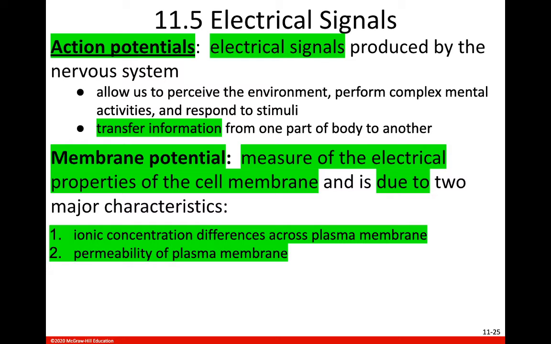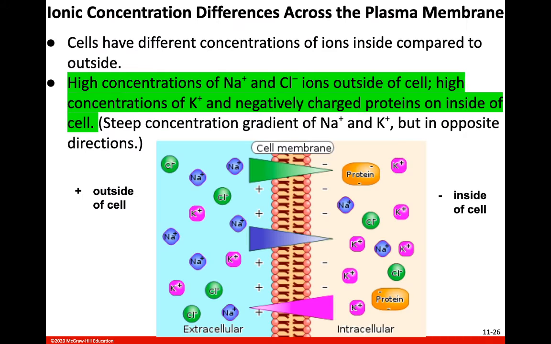These two things are the concentration of ions across the cell membrane. Remember, we have different concentrations of ions on the outside versus inside the cell. We'll look at that more in just a minute, just to refresh your memory. And then also we'll look at the permeability of the plasma membrane, how different ion channels allow movement of these ions across the membrane.